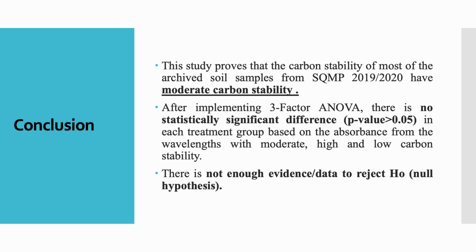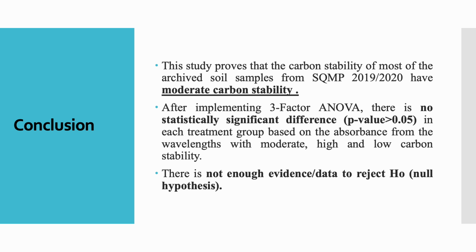In conclusion, this study shows that the carbon stability of most of the archived soil samples from SQMP 2019 to 2020 is moderate. After implementing the three-factor ANOVA, there is no statistically significant difference, with a 95% confidence interval and p-value greater than 0.05, in each treatment group based on the absorbance from the wavelengths with moderate carbon stability, and even in the high and low carbon stability groups.